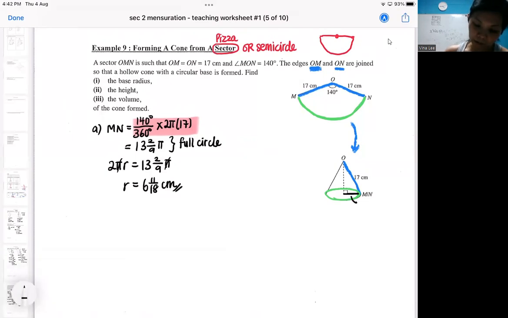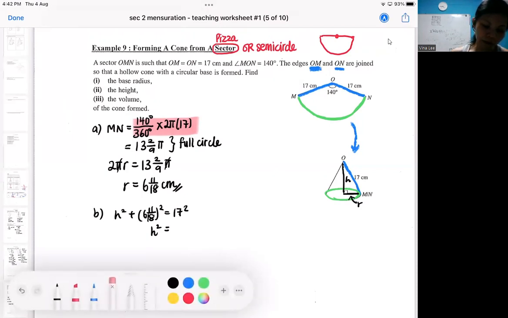So this is my base radius. So I'm going to do Pythagoras with the height. In this case, my height is actually not a very nice answer.